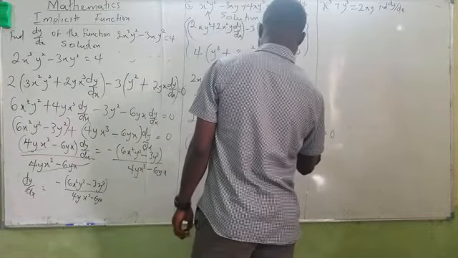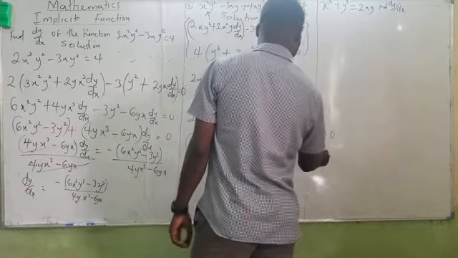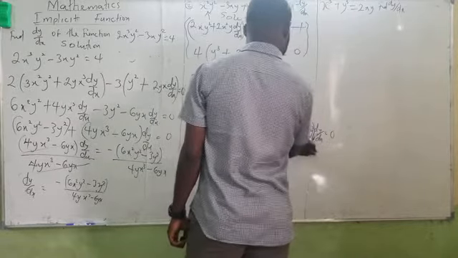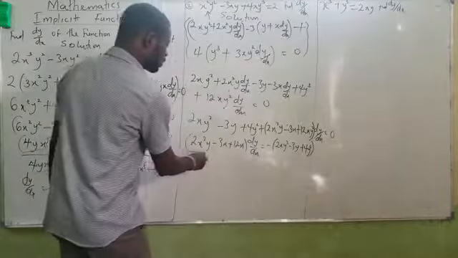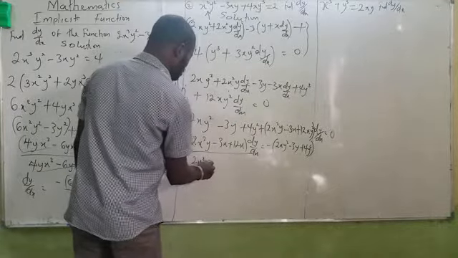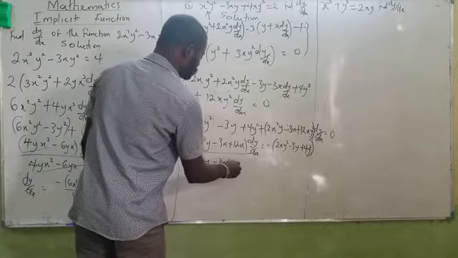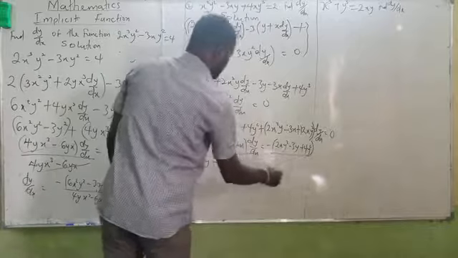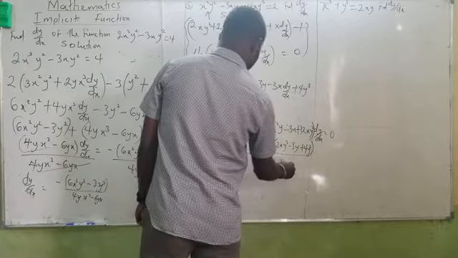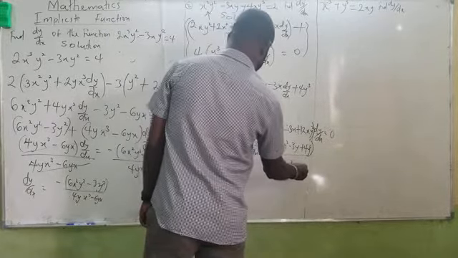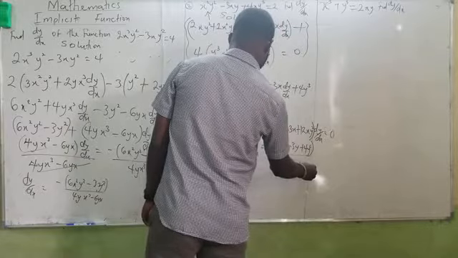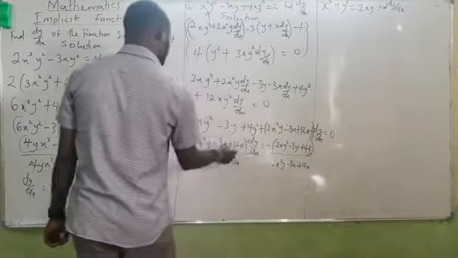Okay, that is equals to that. Divide both sides by what? By this 2x squared y minus 3x plus 12xy squared, which we cancel this.